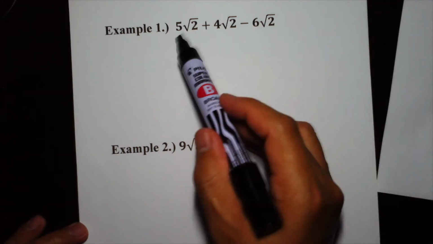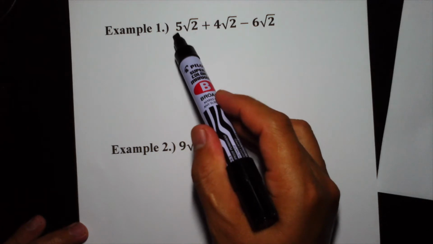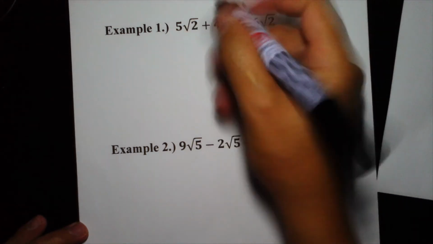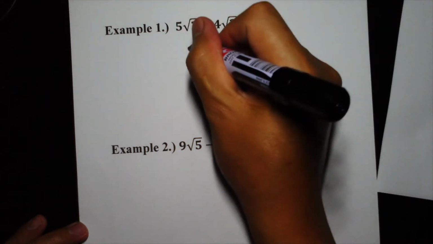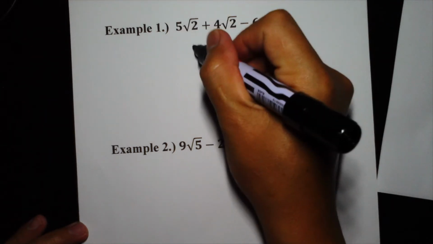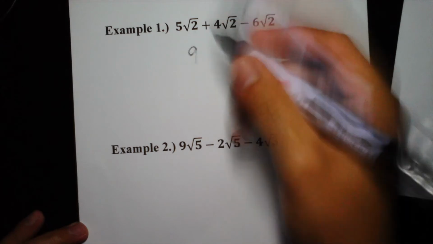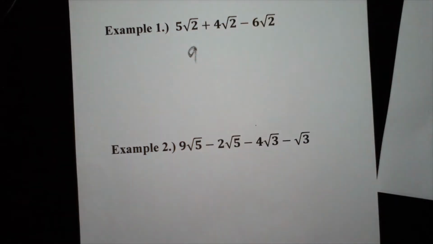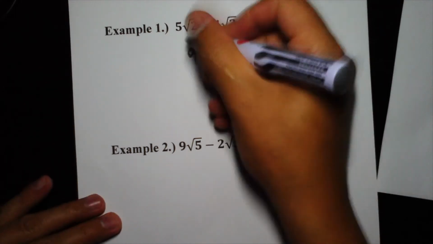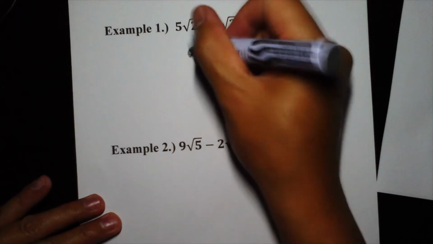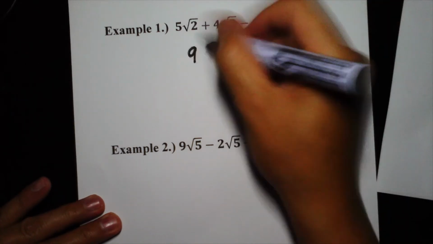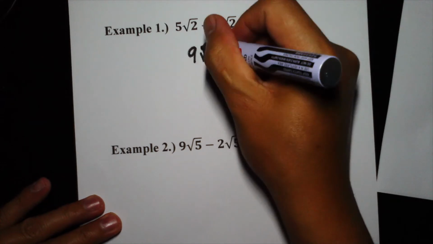Like for example, we have 5 plus 4, that will be 9. Then copy the square root of 2.